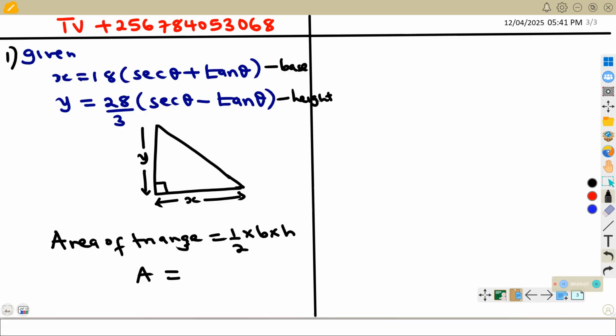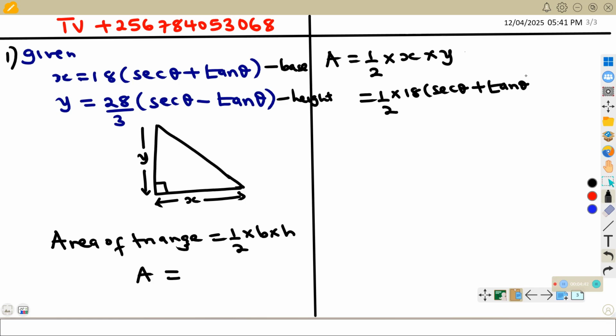So for that case, let us first get the area. Our area will be the same as a half times base, so the base is x, times height, which is y. We need to see if we get a half times x times y. So let us first have a half times 18 into sec of theta plus tan of theta.